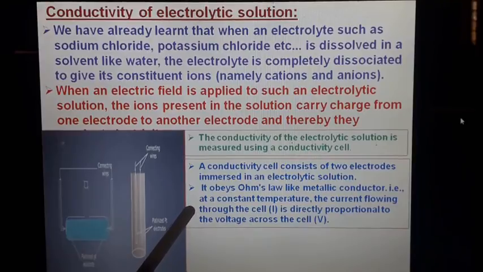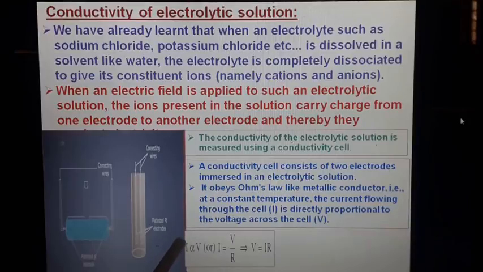These are the basic principles of Ohm's law. At constant temperature, the current flowing through the cell is directly proportional to the voltage across the cell.